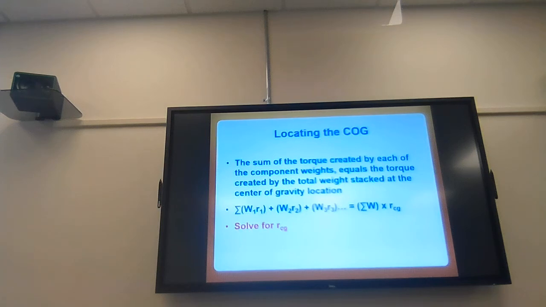Where do we go from there? And then you'd add up just the weights. Okay, so you just take, and then you divide the sum of the weights into that.